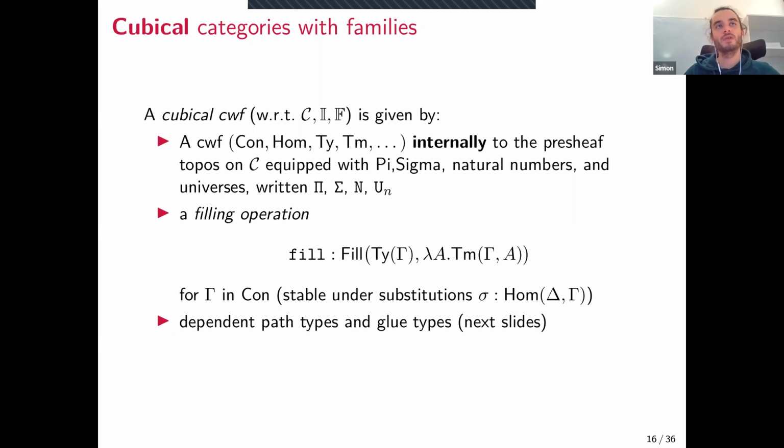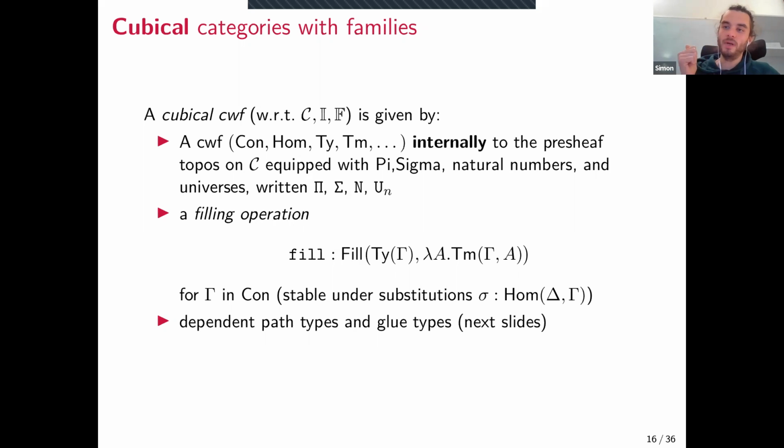They're given by first a CWF, which I denote by this Con, Hom, Ty, and so on, which is internal to this presheaf topos. So in particular, this means, for example, that the contexts are now a presheaf on C. So for each object X in C, I'm given a set of contexts at stage X. And similarly for types: given an object X and a context at stage X, I'm given a set of types.